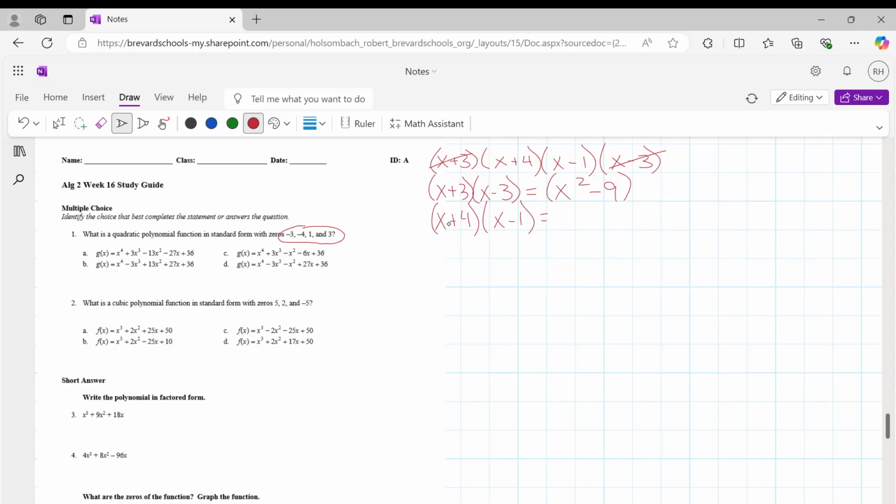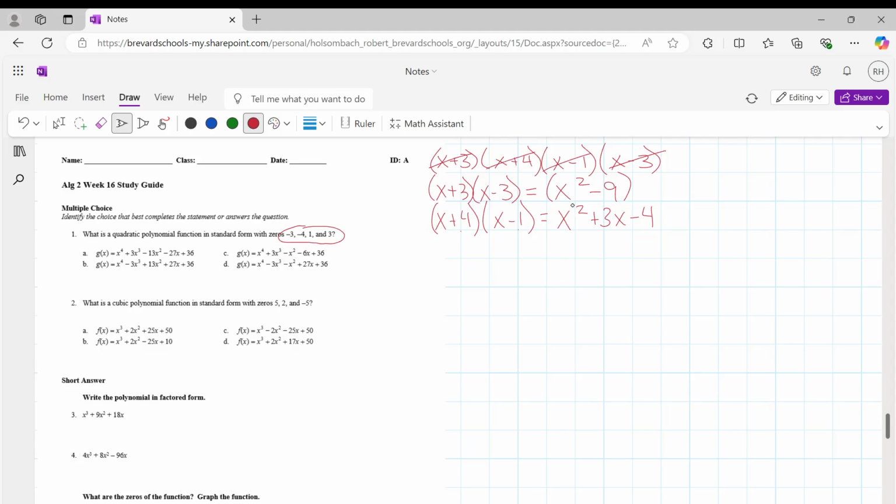Well, x plus 4 times x minus 1 is the factored form for x squared plus 3x minus 4. Because when you're factoring, the positive 4 minus 1 equals the positive 3, and the positive 4 times the negative 1 equals the negative 4. So we've used these two factors.